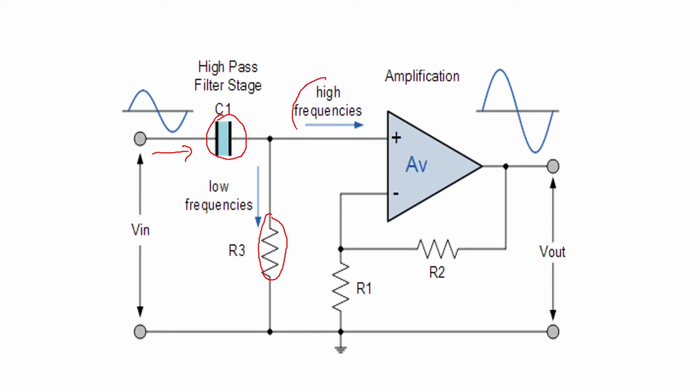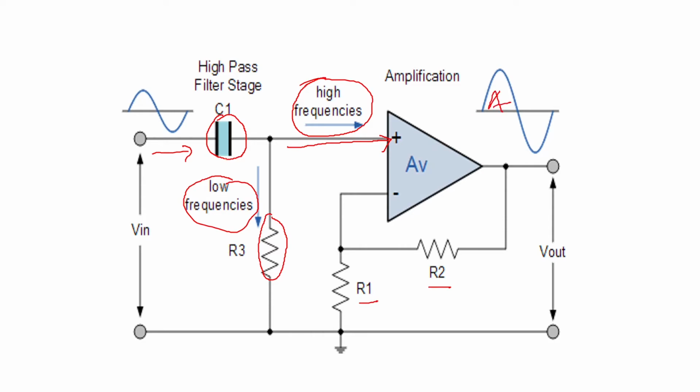High frequencies are passed and low frequencies will go to the ground. Now this high frequency which is passed is given to the non-inverting terminal of the op amp, and on the inverting side you see R2 and R1, which will decide the gain of the filter, and depending upon that gain, amplification will happen and the output you get will be an amplified version.